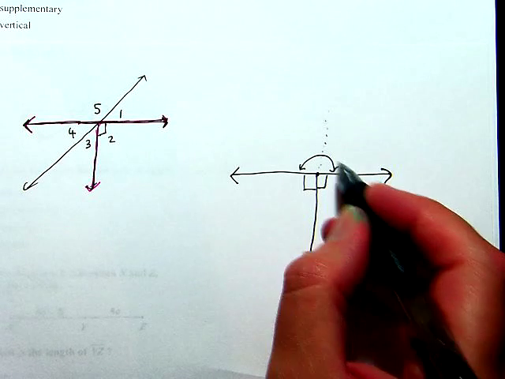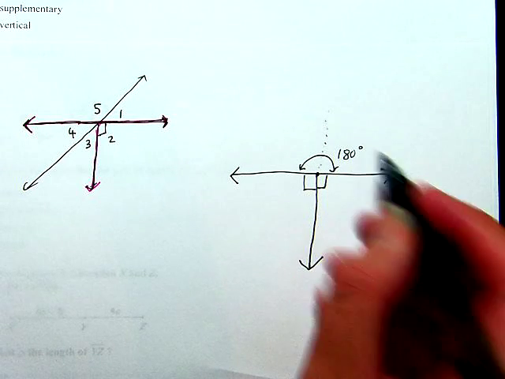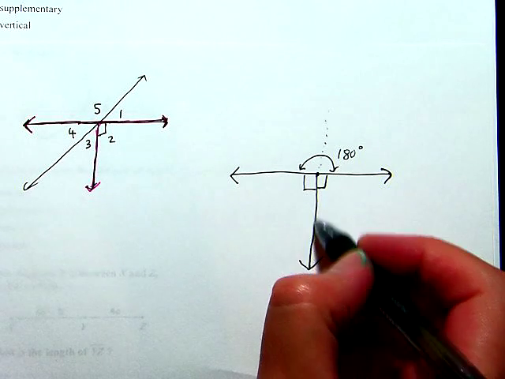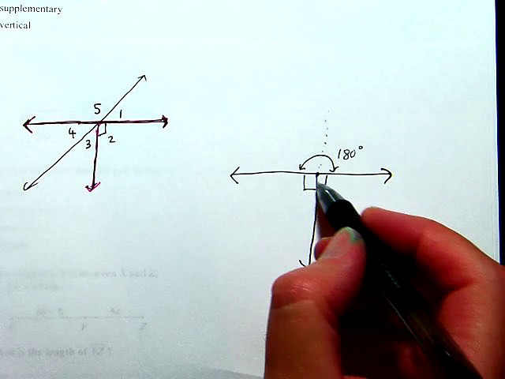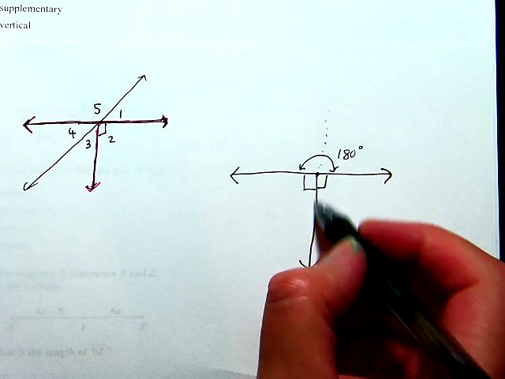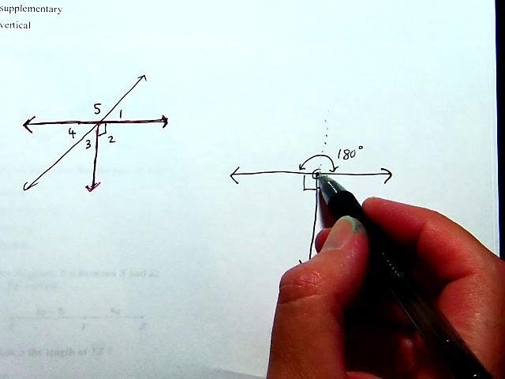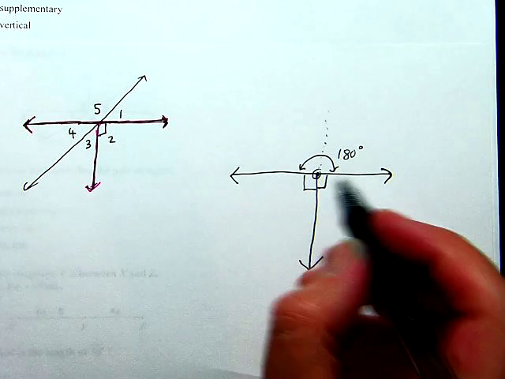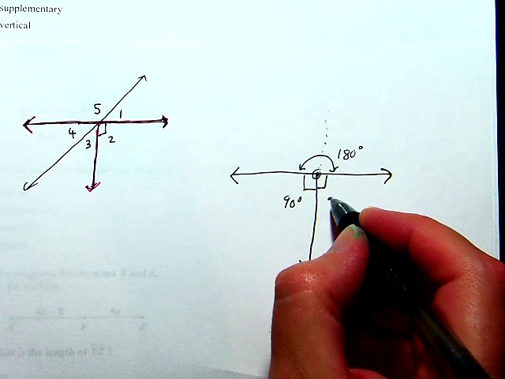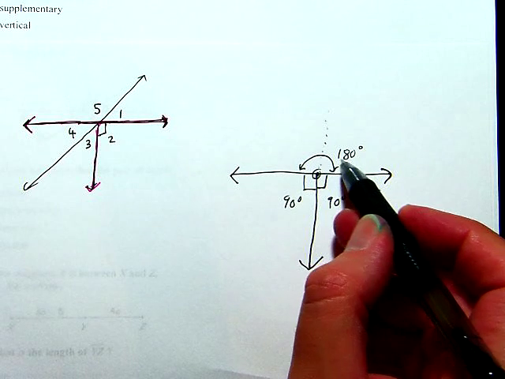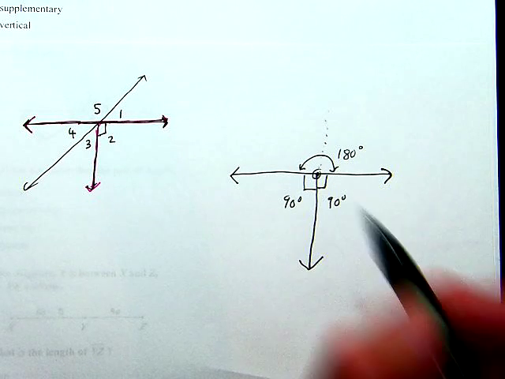It's just a straight line. It's 180 degrees. So when you have a ray and a line in this configuration where the ray is perpendicular to the line and the end point of the ray is located on the line, you've got a 90 degree angle here, a 90 degree angle here, and a 180 degree angle over there.